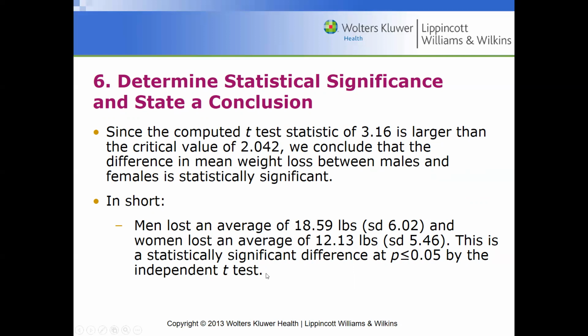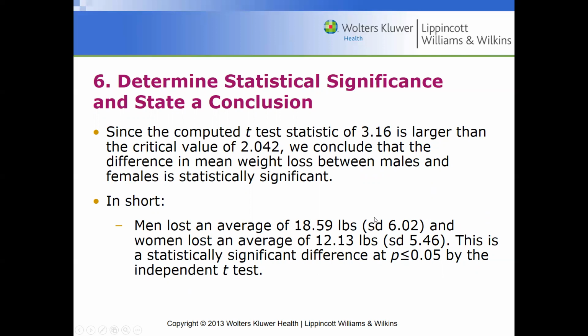If you were looking to summarize the results that you got, something written like this would be an appropriate way to demonstrate this in writing, as you were writing up, let's say, a results section. Men lost an average of 18.59 pounds, and then generally we put in the standard deviation.